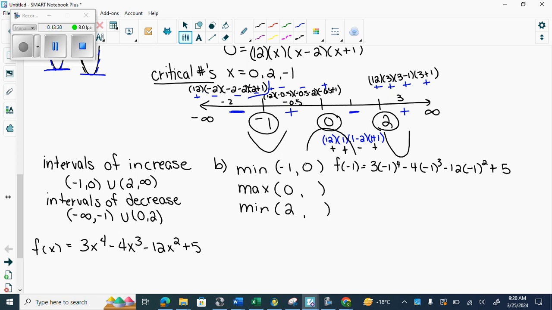This would be minus 12, this would be plus 4, that would be plus 3, plus 5, and 12 minus 12. Yep. So then we get f of 0, which is 3 times 0 to the 4, minus 4 times 0 cubed, minus 12 times 0 squared, guys. And you get 5. And then you do f of 2.